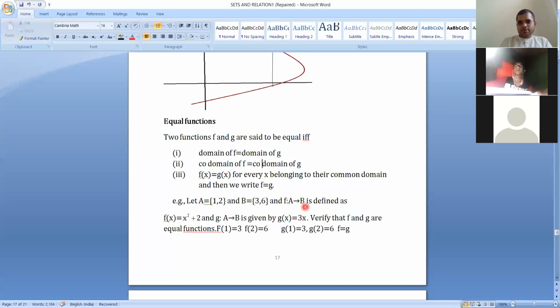And g is also defined from A to B. So g also has domain set A and codomain set B.